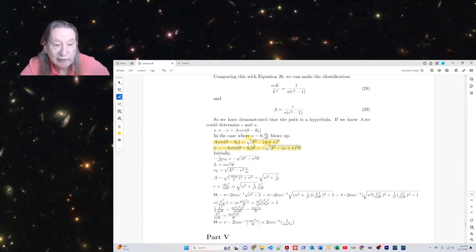Now, initially, the rate of change of U is minus 1 over r squared times the speed. And so that gives us minus the square root of A squared minus kappa squared theta dot. Kappa, this is kappa right here.